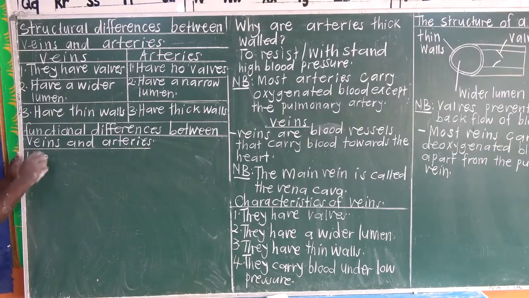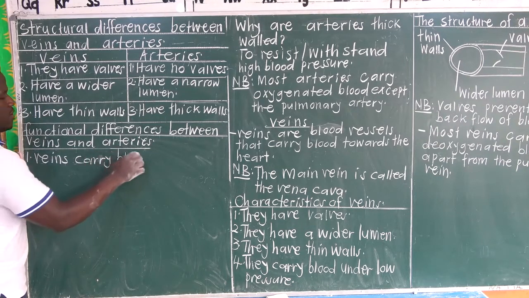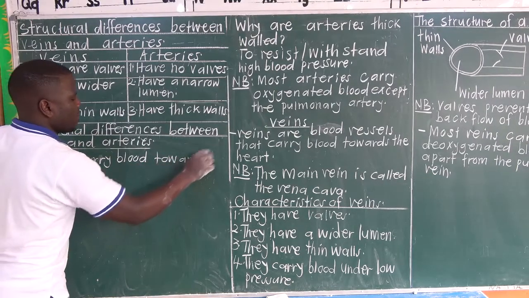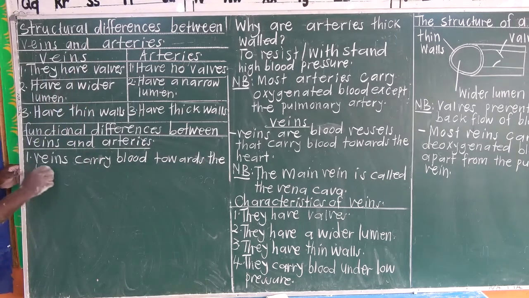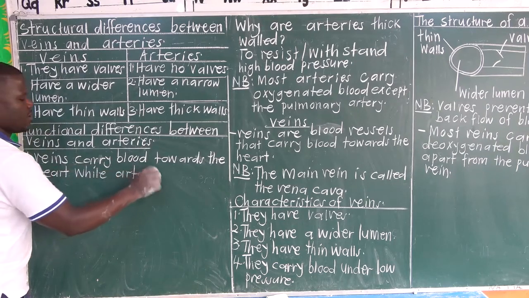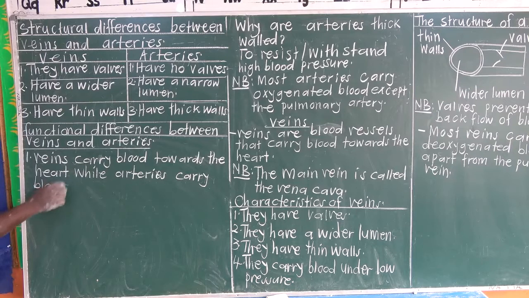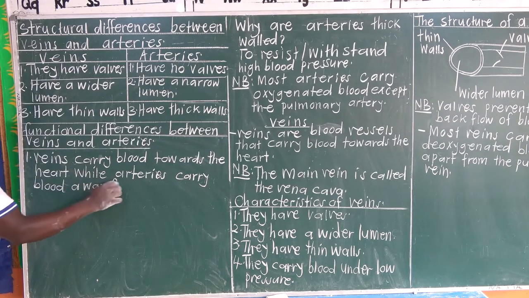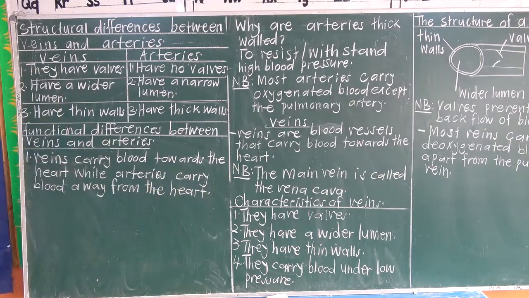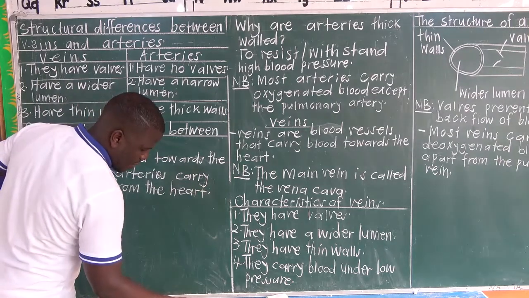Here you can say veins carry blood towards the heart, while arteries carry blood away from the heart.